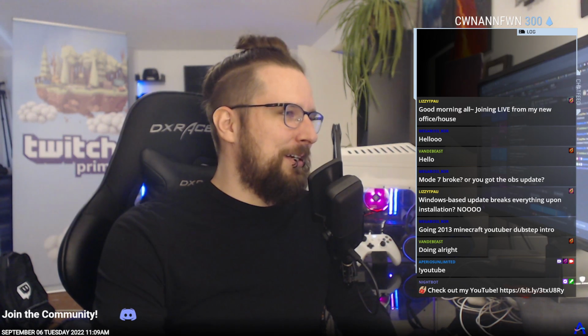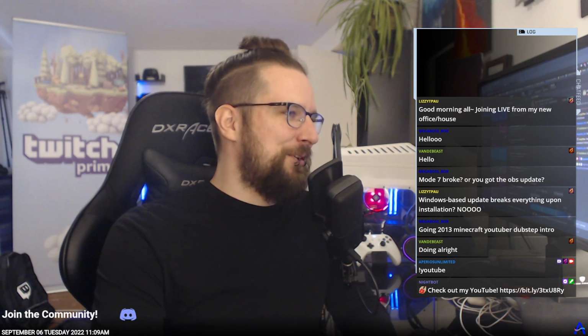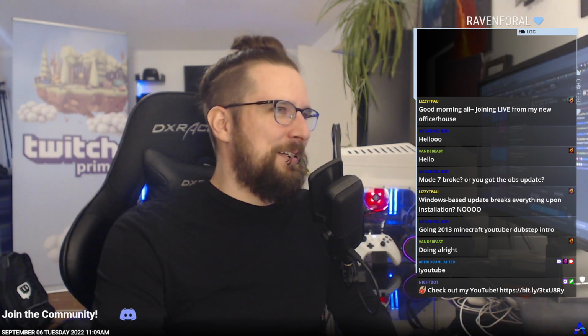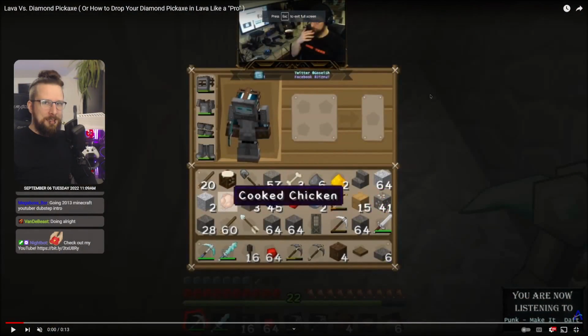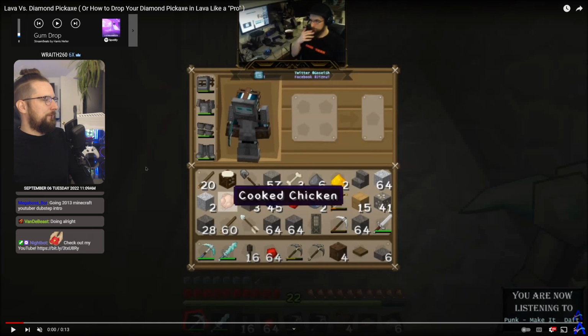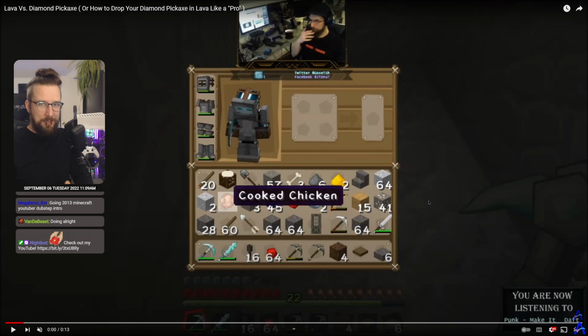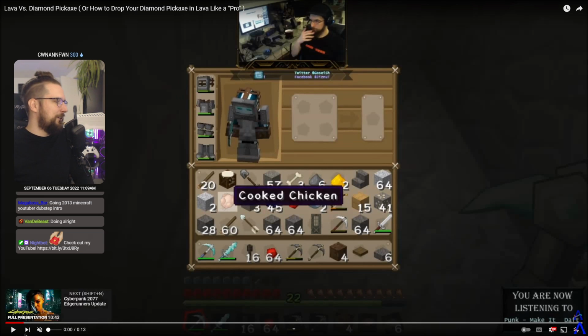It's lava versus diamond pickaxe. I think I've shown this on stream before. I play no mods except for visual mods, so I play vanilla. This pickaxe took me forever to get.